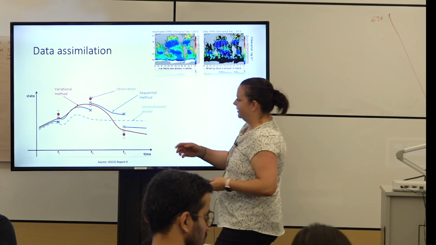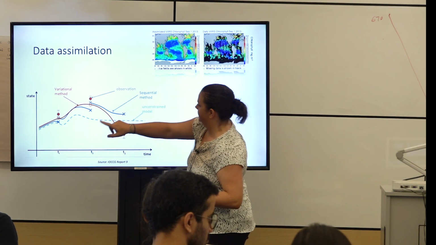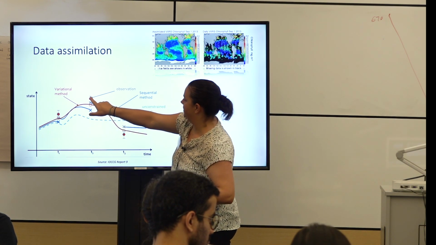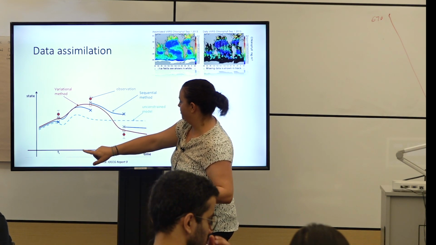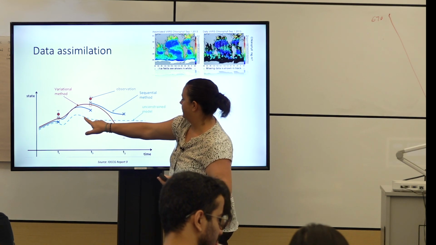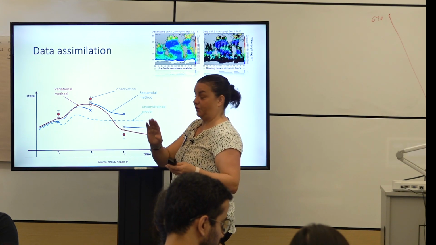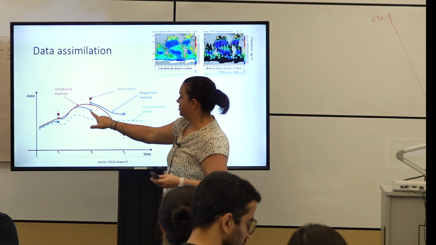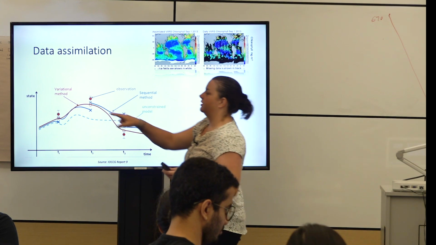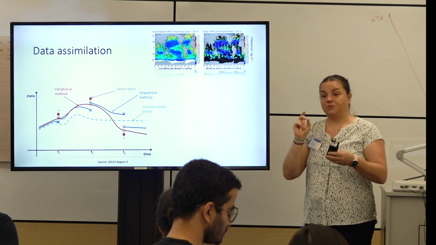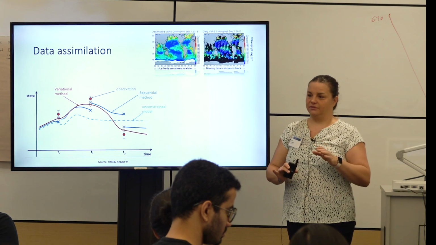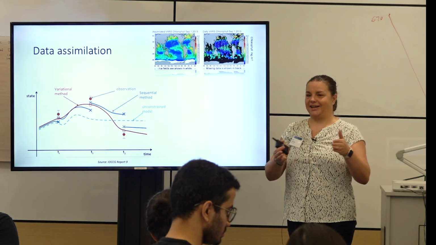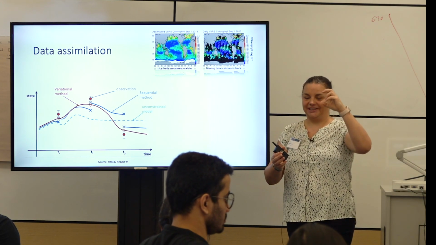You have the observations, which could be your PACE data, for example, and then you have your model, unconstrained, so on its own. What the assimilation does is bring the model closer to the observation. It doesn't make it match completely, and there's a lot of science behind how much closer you get it.